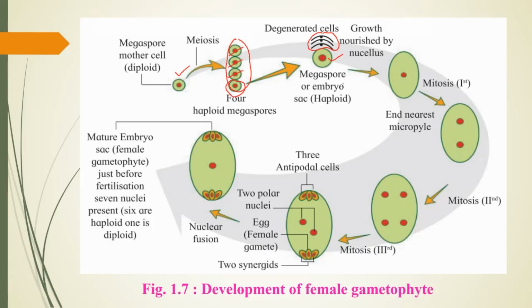So the megaspore, or embryo sac, is going to be formed. These are haploid cells. So growth and nourishment of the nucellus occurs, with an increase in size.